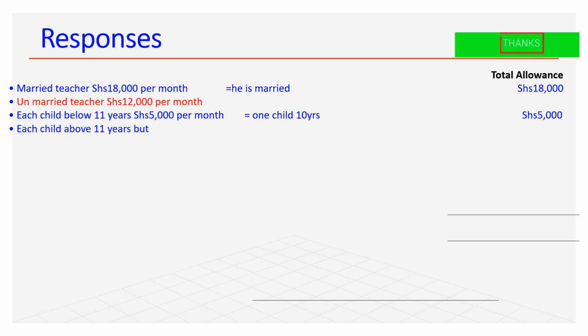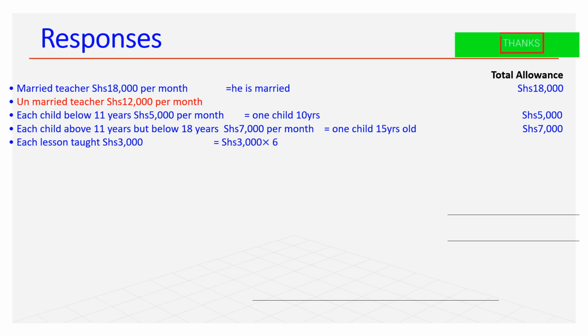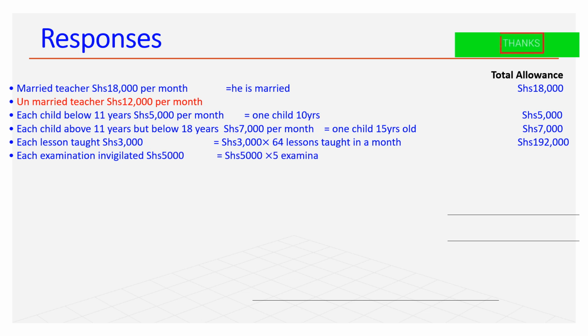Each child above 11 years but below 18: he still has one child who is 15 years old, taking 7K. Each lesson taught is that money, but he taught 64 lessons in that month, so we have to multiply by the price per lesson. Examination invigilated, 5K, and this person in that month had 5 examination sessions.